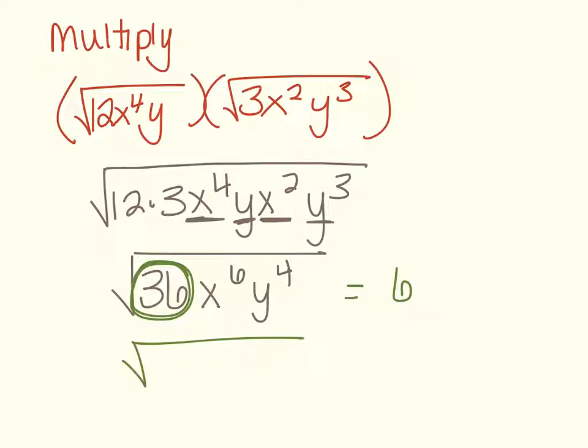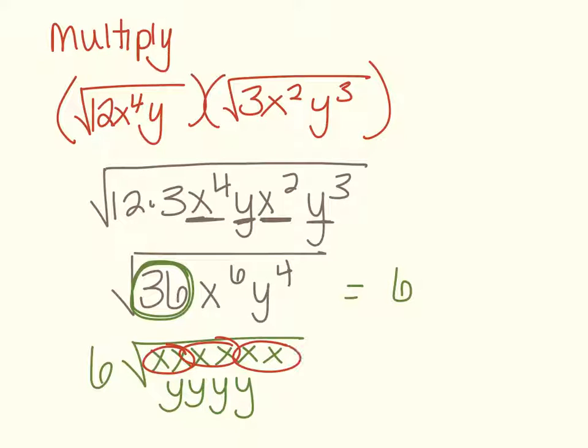So I'm going to write that I have the 6. So I have 1, 2, 3, 4, 5, 6 x's, 1, 2, 3, 4 y's. Let's go ahead and circle our pairs. There's a pair, there's a pair, there's a pair and a pair. So what I have is 6, 3 groups of x's, and 2 groups of y's for the final answer.